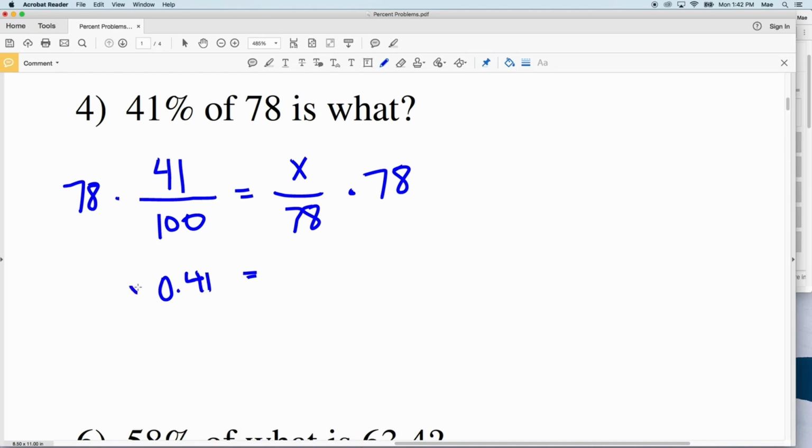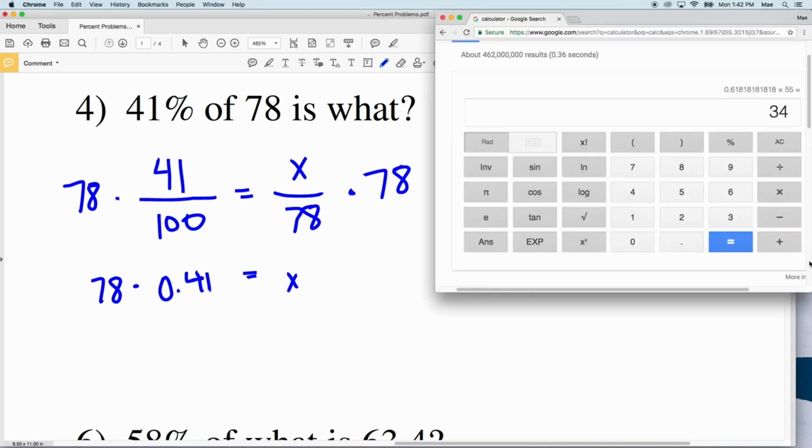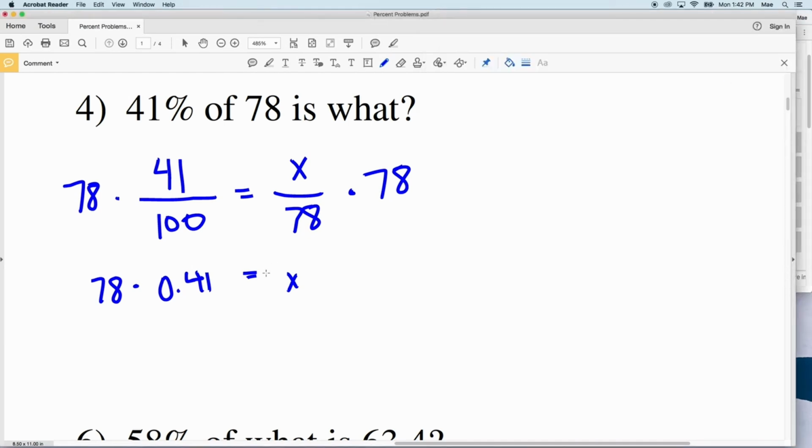So 0.41 times 78 is going to give us that number we're looking for. And that's going to be 31.98, which, when we round, is 32. So 32 is the answer for number 4.